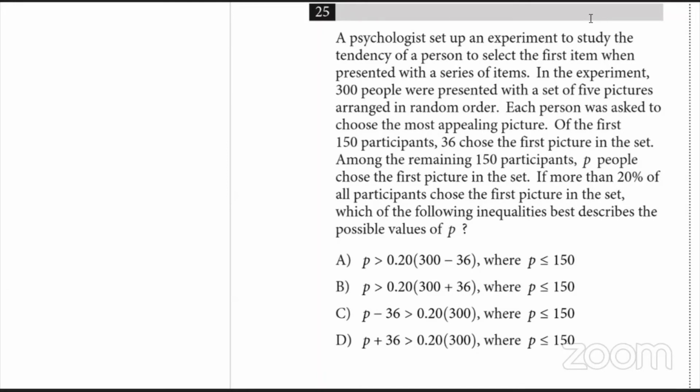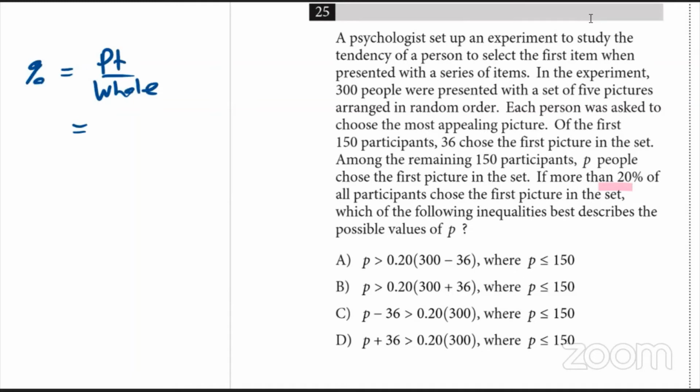Okay, so just reading through a little. Of the first 150 participants, 36 chose the first picture, and then there were 150 more, and P chose the first picture. So once again, let's tell the whole story. They're talking about the percent, and a percent is a part over a whole.